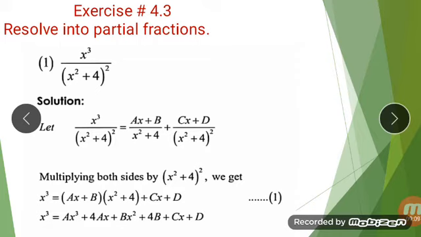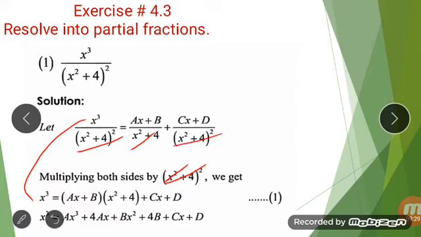When we multiply this, this will get cancelled with this, so here we will just have x cube. Now the x square plus 4 will get cancelled, so ax plus b, you must put a bracket here because it's 2 times, so 1 time will be left here. Next, this one will get cancelled with this, so cx plus d will be left here.